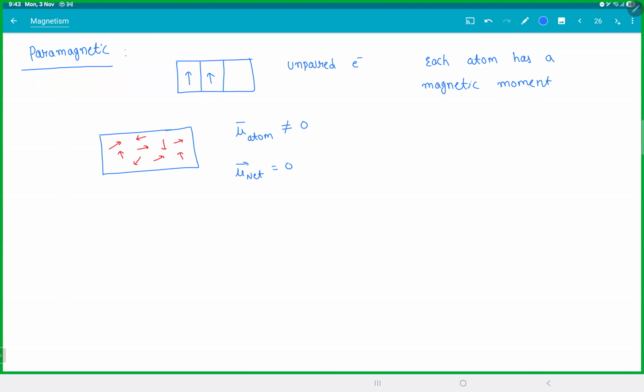They will look the same. The difference is fundamentally at the molecular level. At a macro level, they will look identical. Since all magnetic dipoles are randomly placed, mu net becomes zero.